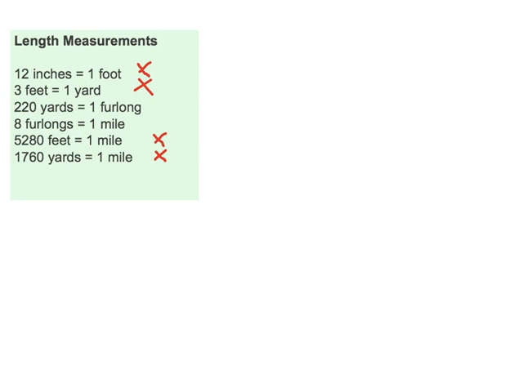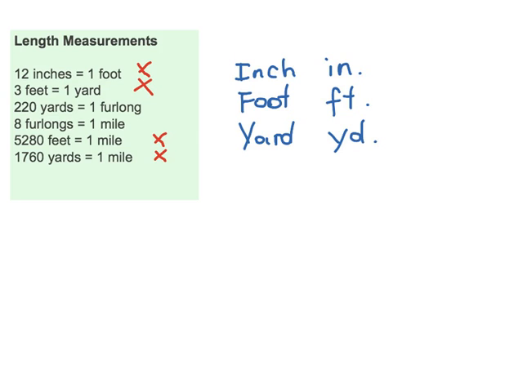Also, we're going to be using a little bit of shortcuts, where inches is going to be referred to as IN, foot as FT, don't forget a period, yards as YD, a little shortcut abbreviation for you, and the mile as MI with a period.